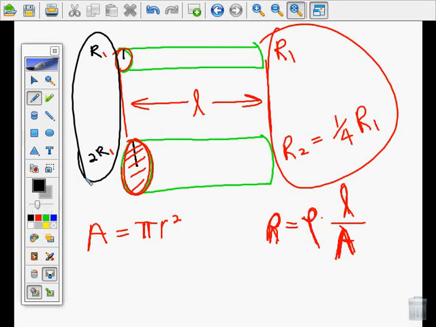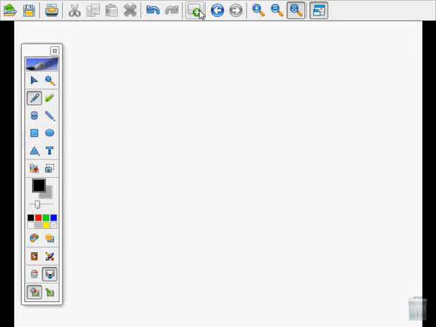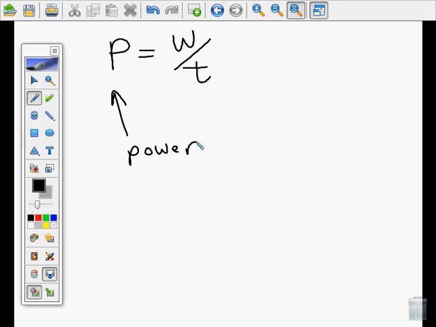This leads us to our next topic, which is electrical power. We have already learned about power and how to calculate power. Power is equal to work divided by time. Sometimes the question will just blatantly ask how much power is needed.